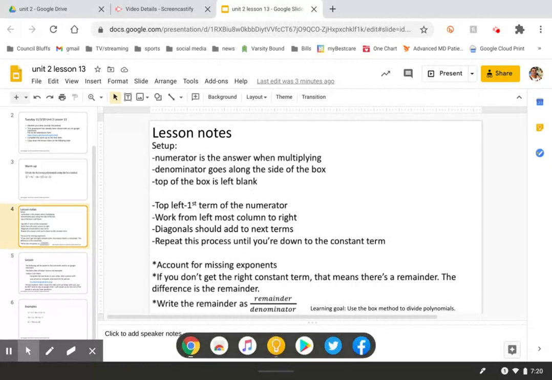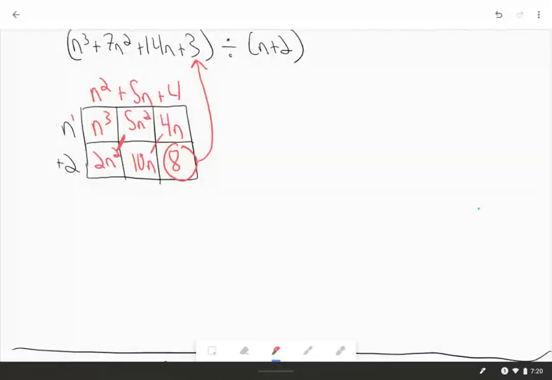So to figure out what the remainder is, okay, I got a constant term of 8, but I need a constant term of 3. So to go from 8 to 3, that means I need to go down by 5. That's a difference of 5.